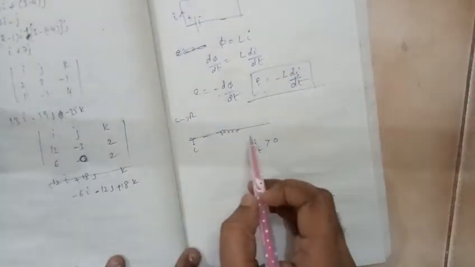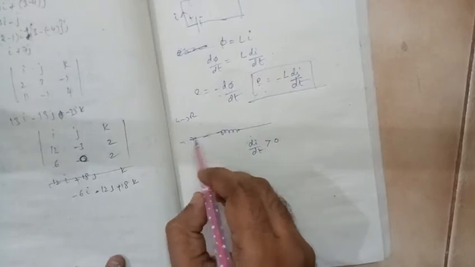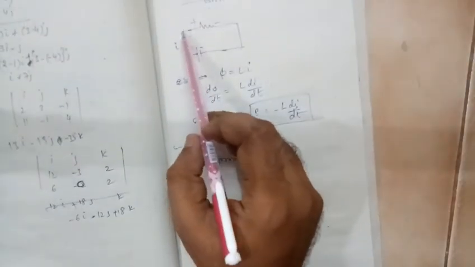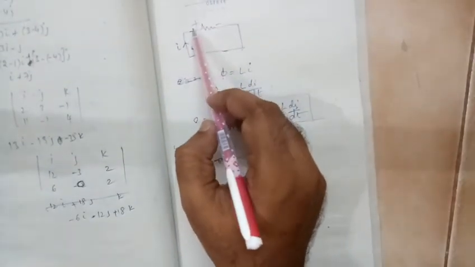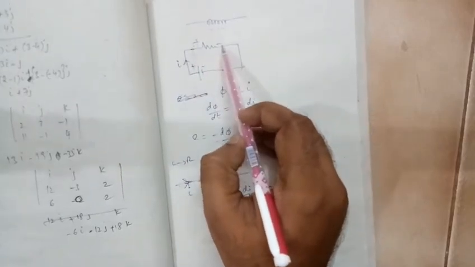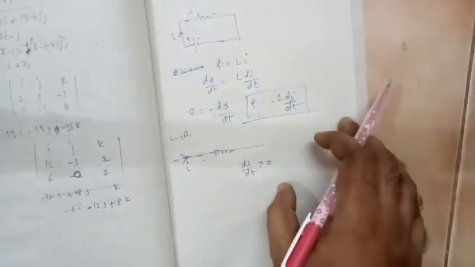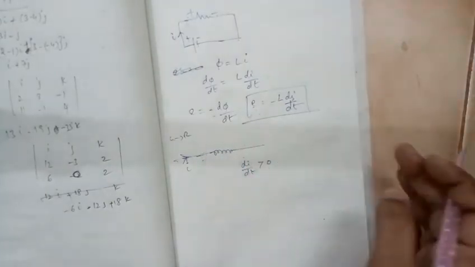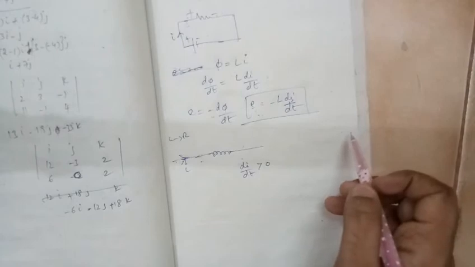So whatever we write will be in the direction of the current. Like here in the direction of the current we have said there is a high potential there, low potential there. So here also we will try to identify which is plus and which is minus. So di by dt is greater than 0.